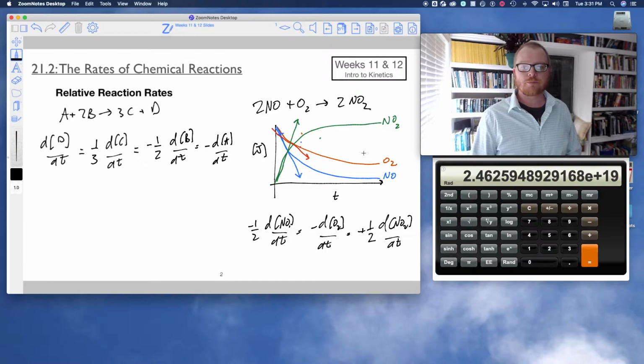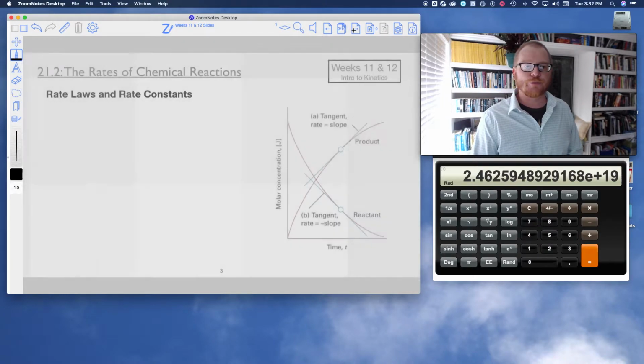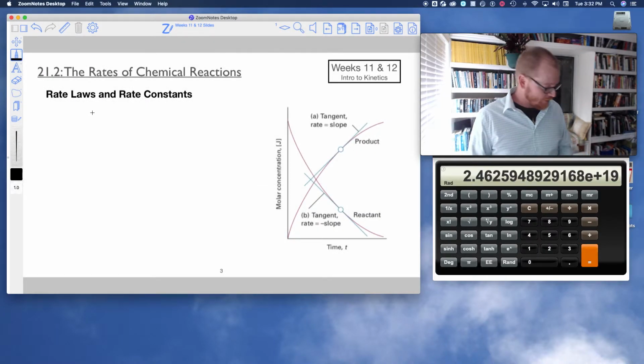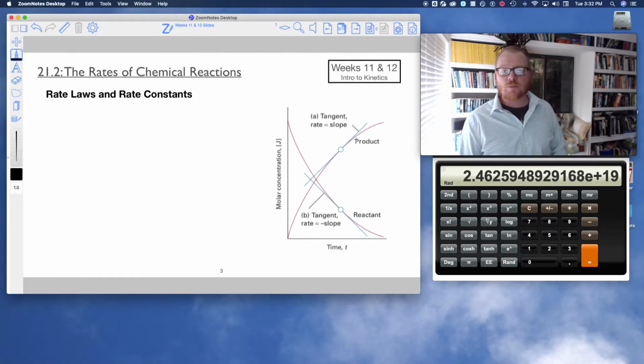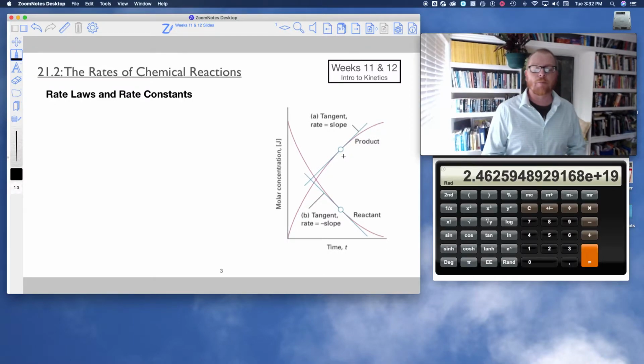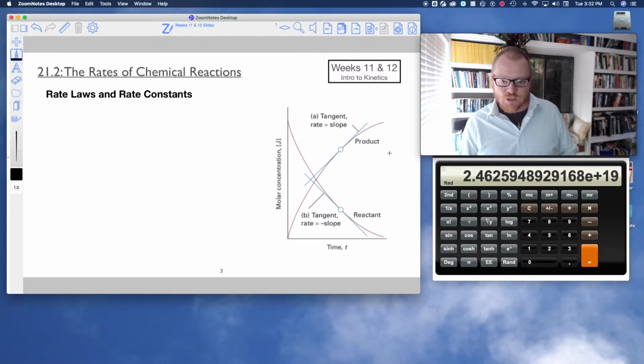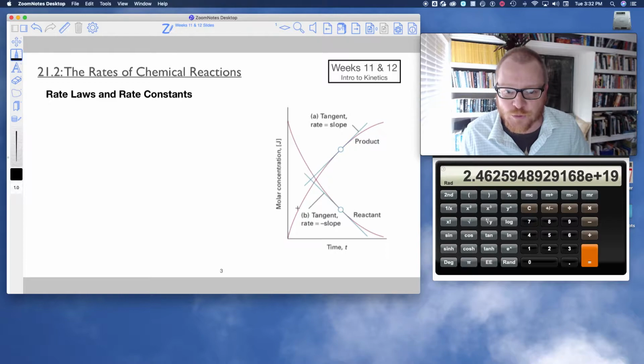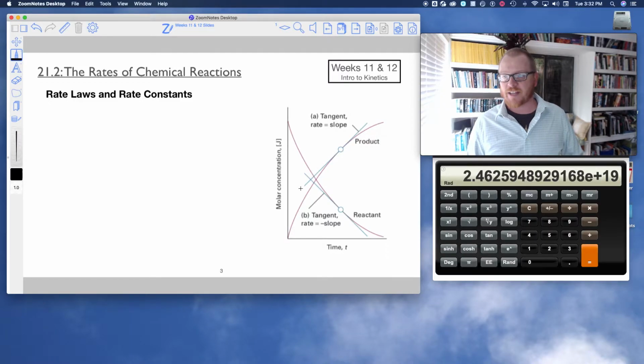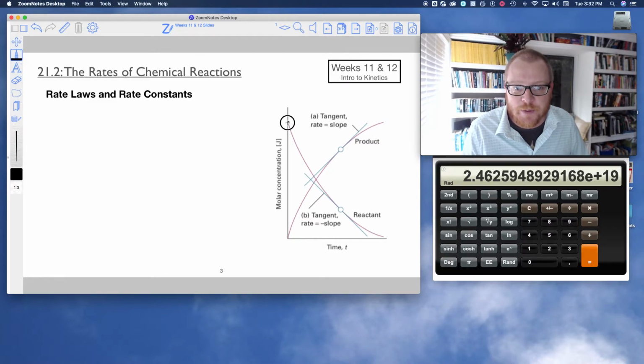Okay, so moving forward. Rate laws and rate constants. At any point along this reaction, the slope represents the rate. Maybe you remember from Chem 110, we had this thing called the initial rate, which would just be the rate initially, right?